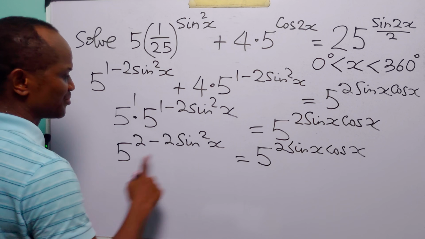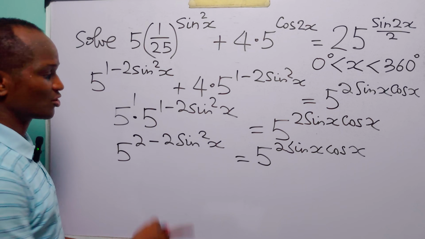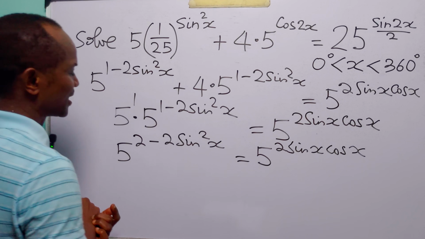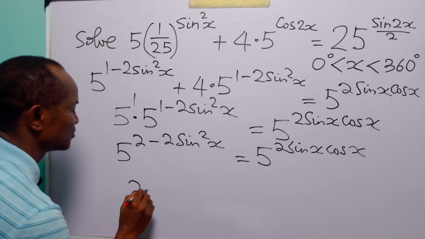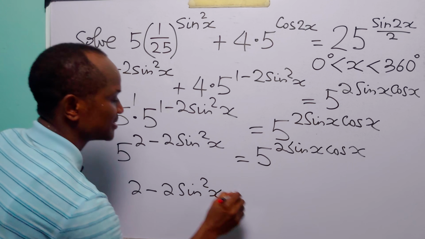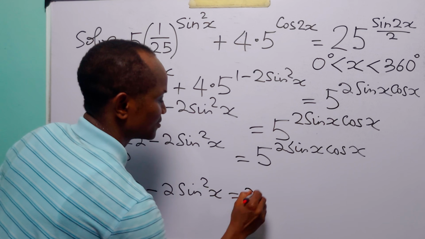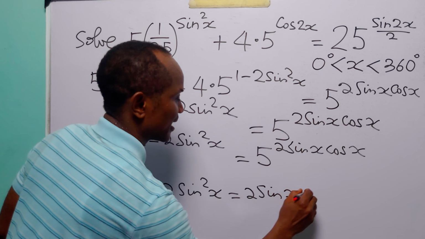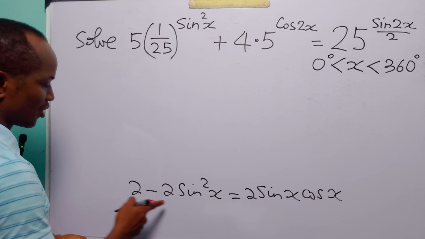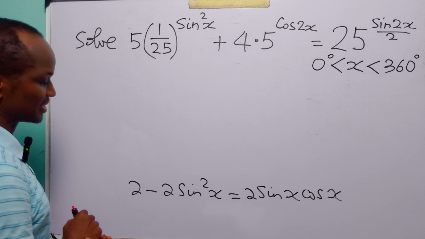Now that we have the same base on both sides of the equation, we can go ahead and equate the exponents. So that simply means that 2 minus 2 sin squared x is equal to 2 sin x cos x.